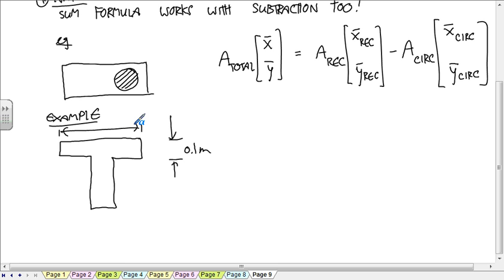That does not look right. Let me just change this drawing a little bit.